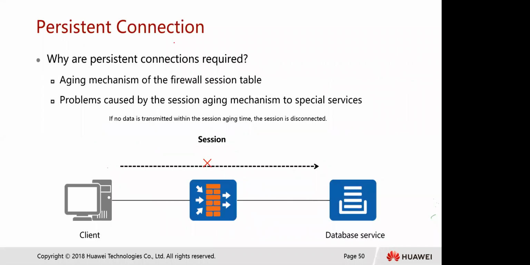So persistent connection, why are persistent connections required? We have what they call the aging mechanism of the firewall session table and the problems caused by the session aging mechanism to special devices. If the interval between 2 consecutive packets of the TCP session reaching the firewall is longer than the aging time of the session, the firewall deletes the session information from the session table.